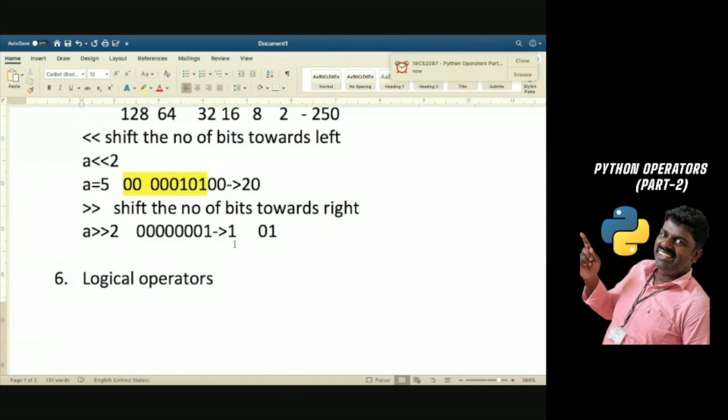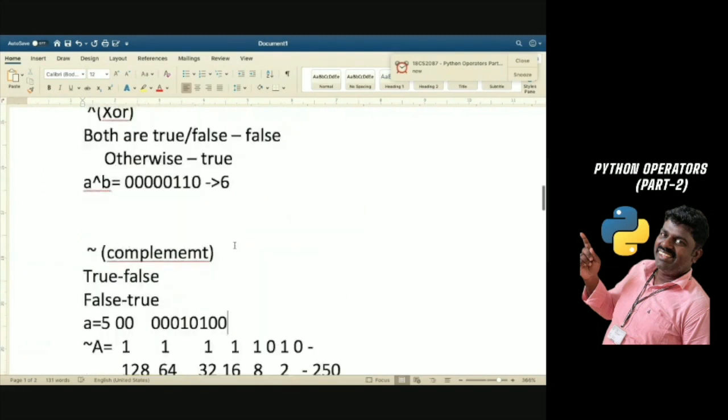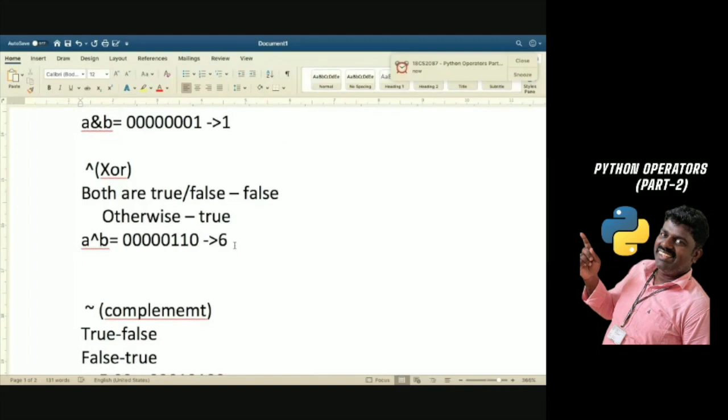As I clearly explained, left shift means the first two bits will be removed and the 2-bit 0 will be added towards the right. Right shift means the last two elements will be removed and in the front zeros will come.